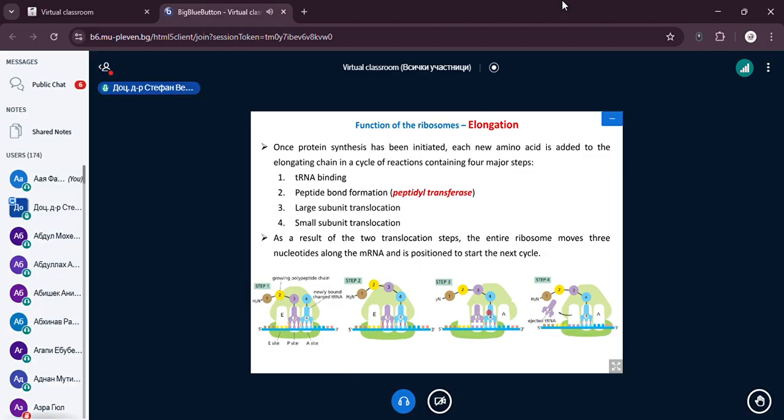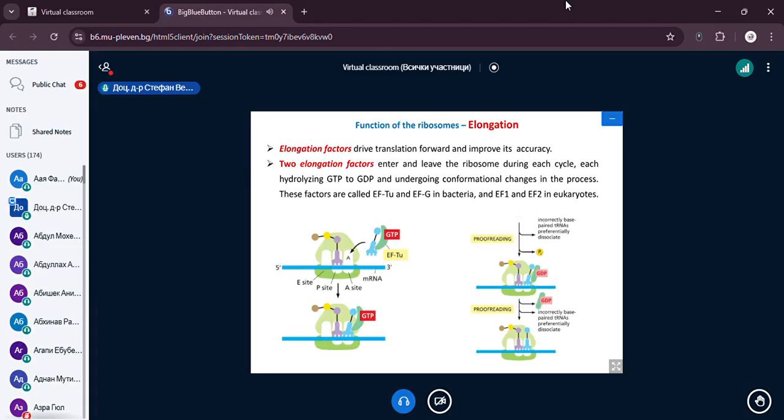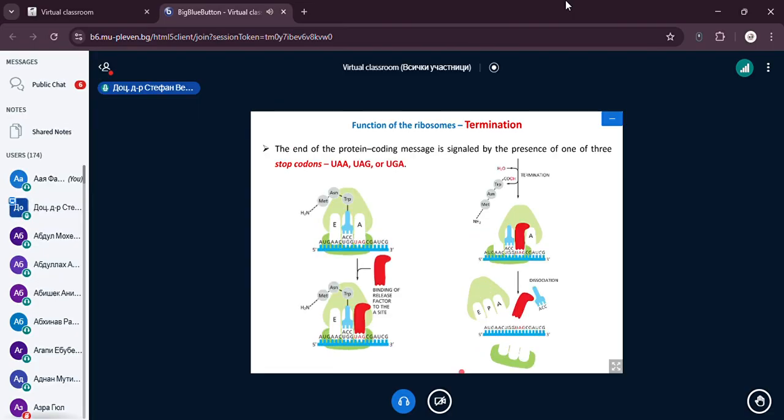The second transport RNA is located in the P site, and it contains the growing protein, and the A site, which is the accepting site, is free again to receive the next transport RNA. The next peptide bond is formed, and this process continues and continues until the ribosome reaches the so-called stop codon.